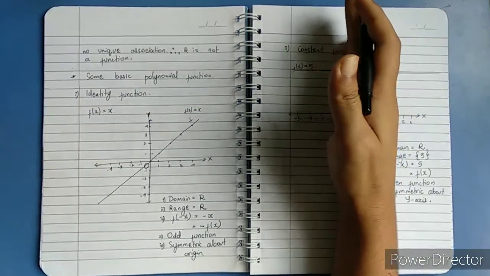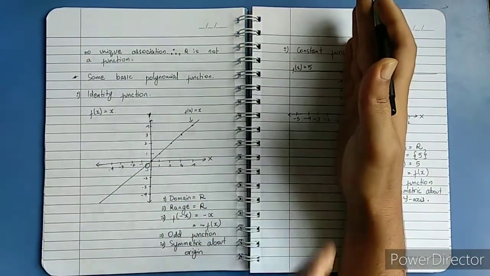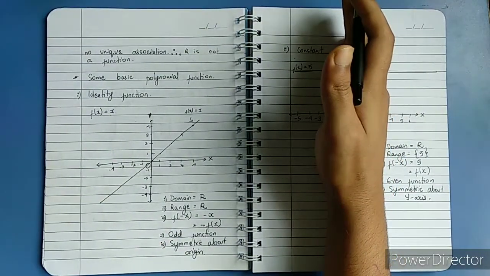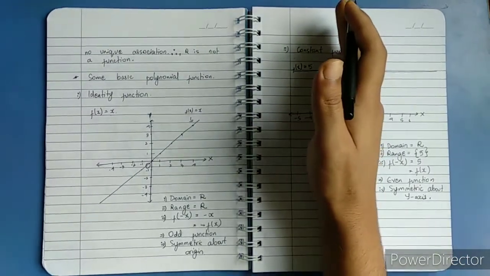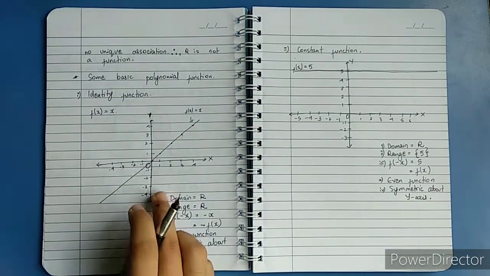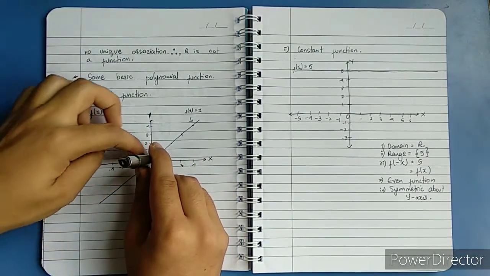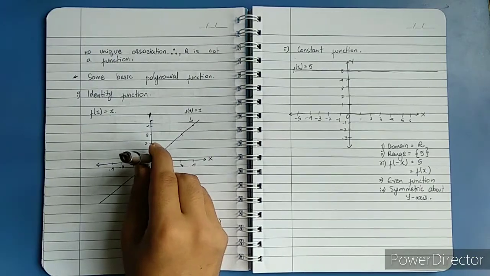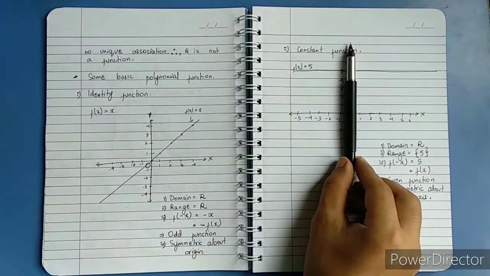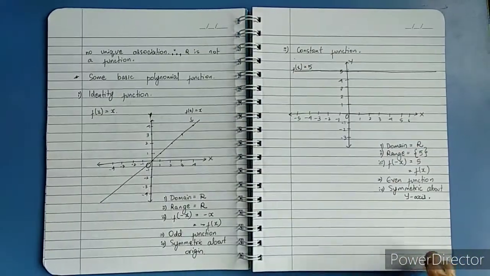This y-axis acts like a line that divides this into two parts, such that the y-axis acts like a mirror. So whatever is there on the left, a reflection of the same is there on the opposite side. In the earlier case, only this point was acting like a mirror, reflecting this one over to this side. In this case, this whole line acts as a mirror, and there is a reflection of this one.